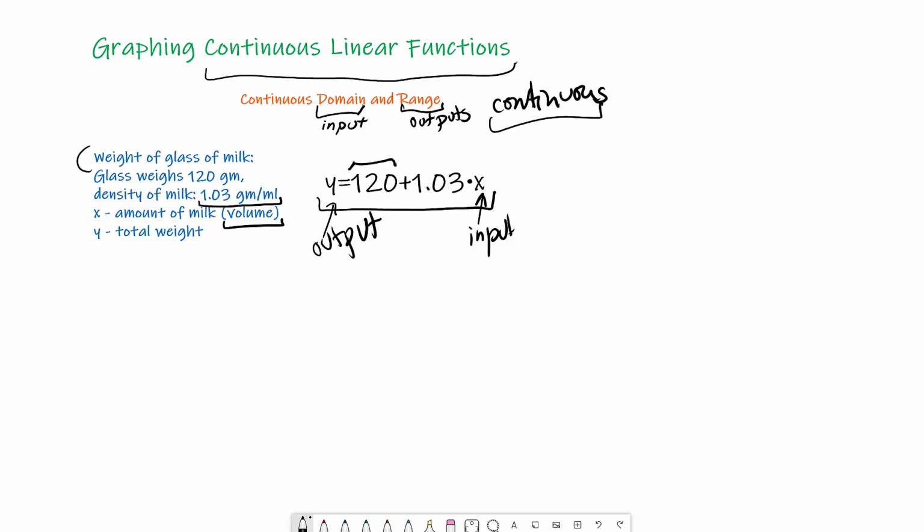So milliliters is a unit of volume, and when we multiply the volume here by the density, we get the weight or the mass, really. So X is the amount of milk we pour into the glass, and we measure that by milliliters or cubic centimeters, which are equivalent.